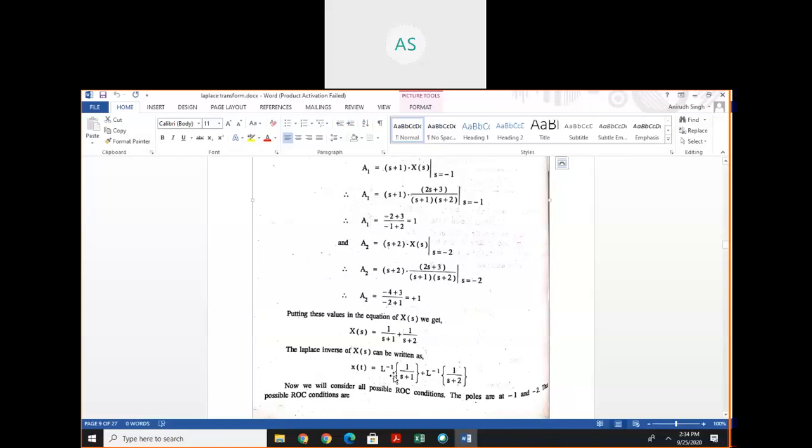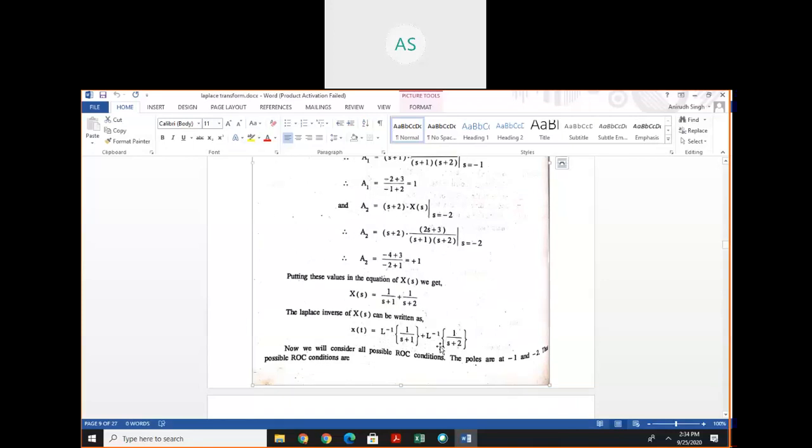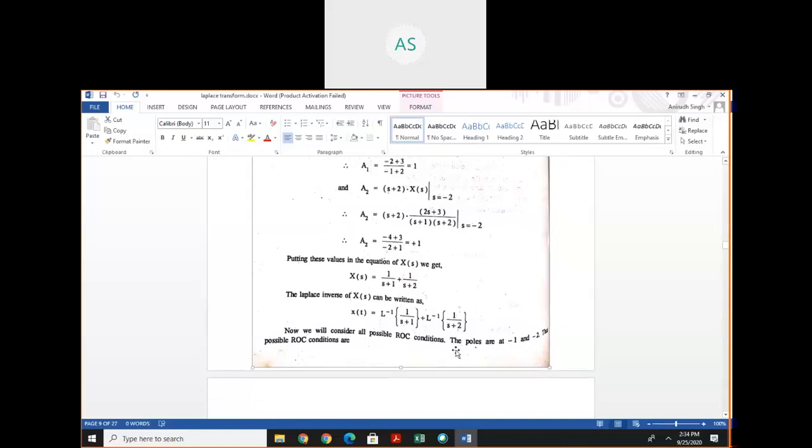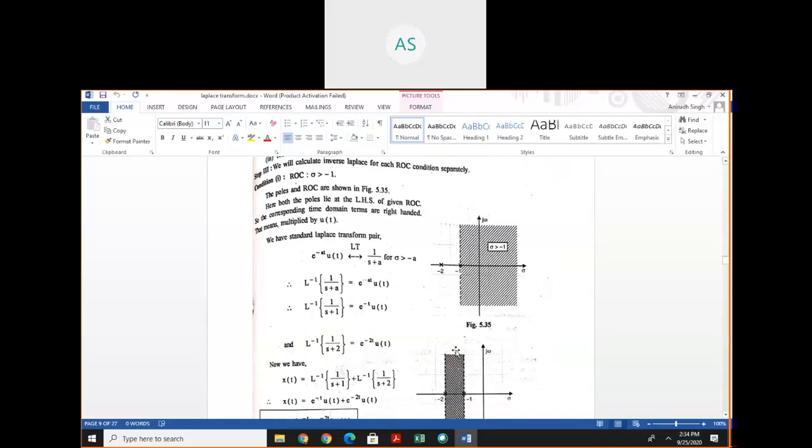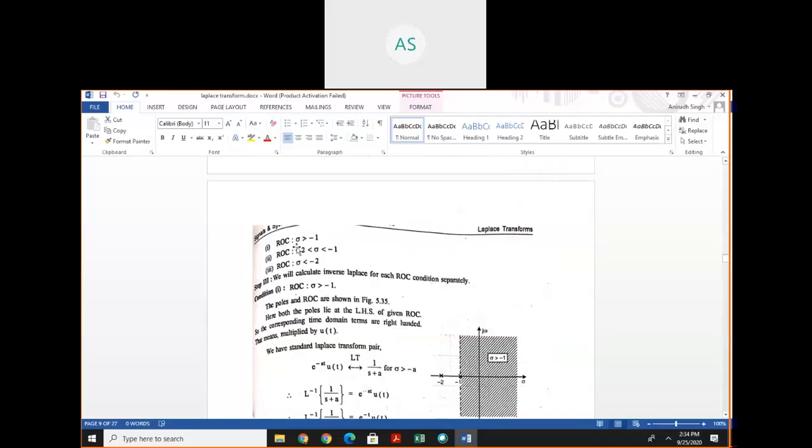If X of s is equal to 2s plus 3 divided by (s plus 1)(s plus 2), then find x of t for all possible ROC conditions. X of s is given by this expression. Convert this expression into partial fraction form, a1 by s plus 1 plus a2 divided by s plus 2.